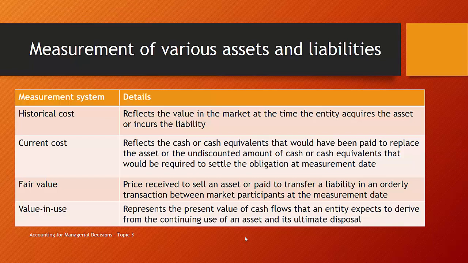And finally, value in use. What value in use represents is the benefit that you're going to receive from using this particular asset. So say you have a piece of land that you rent out. The value in use would be the present value of those future rental yields, and then ultimately what you think you can sell the asset for down the line.